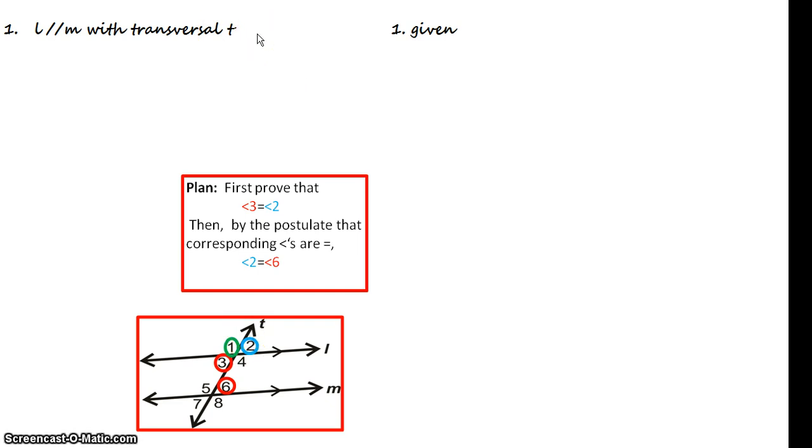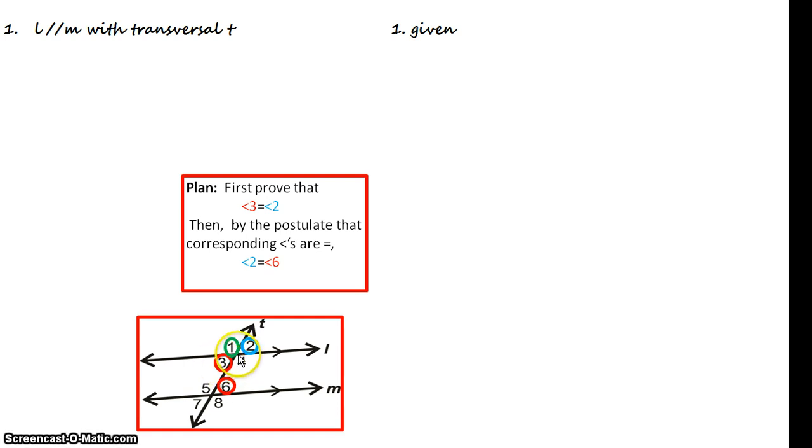Now what we have to do is prove the first part of our plan, that angle 3 and angle 2 are congruent. So we have to use something in this diagram that these two angles share, something they have in common.